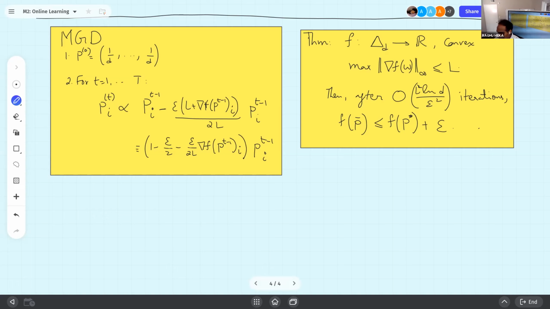If not, let me give one more very important application of this learning with experts framework, and this time it will be for boosting.